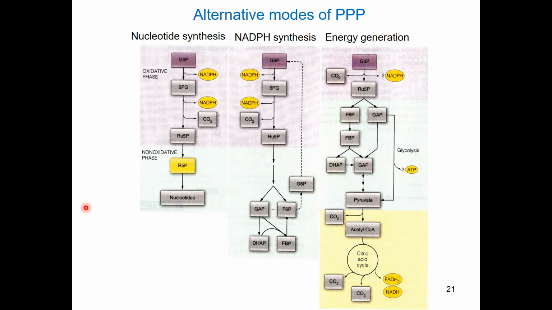If the cell needs to synthesize nucleotides, let's say it's rapidly dividing cells, the whole pentose phosphate pathway needs to operate to produce NADPH, of course, but also ribose 5-phosphate. In this case, both the oxidative phase and the first isomerization stage of the non-oxidative phase are in effect, because the cell needs both ribose 5-phosphate and NADPH.